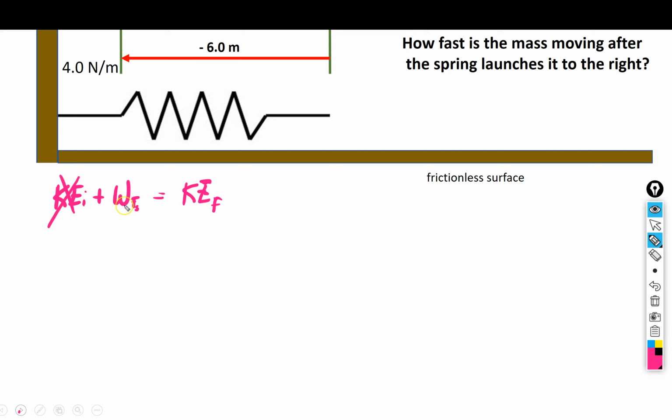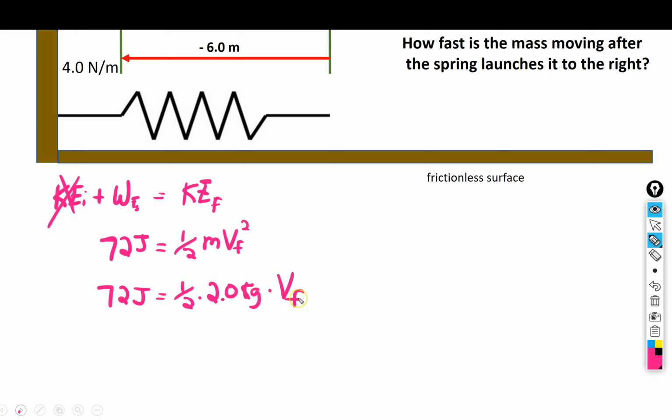And we just calculated that the spring force did 72 joules of work on that object. And the kinetic energy formula is 1/2 times the mass times the final velocity squared. So we'll have 72 joules equals 1/2 times 2 kilograms times the final velocity squared. And if you solve that for the final velocity, you get 8.5 meters per second.